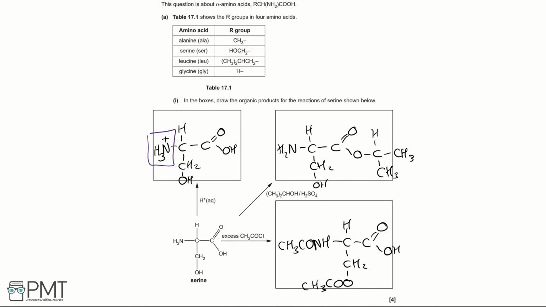Then reacting serine with CH3CH2OH and sulfuric acid, having your ester link in your product and the rest of the product correct gets you the mark, or 1 mark. Then, when reacting serine with excess CH3COCl, having the correct amide group formed and ester group formed gets you 2 marks. So this product will get you 2 marks towards the 4 marks of this question.